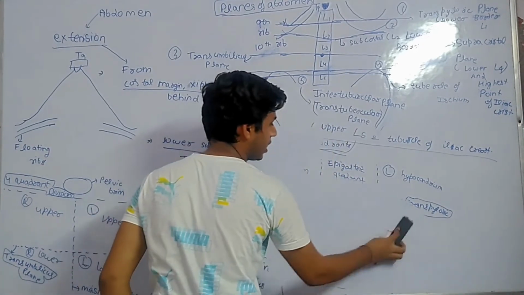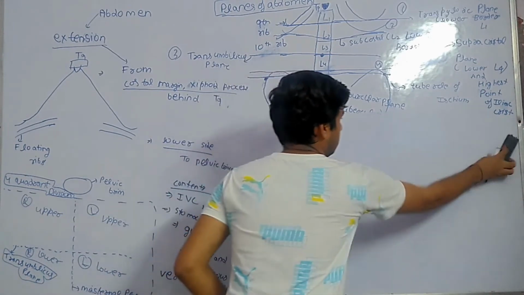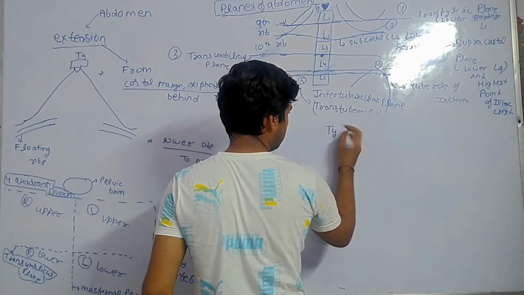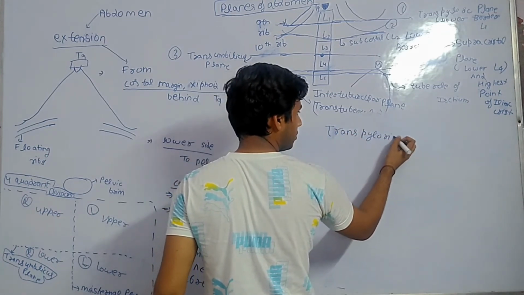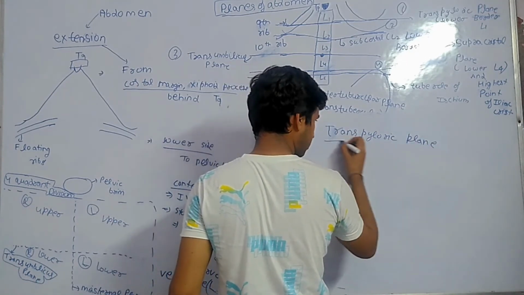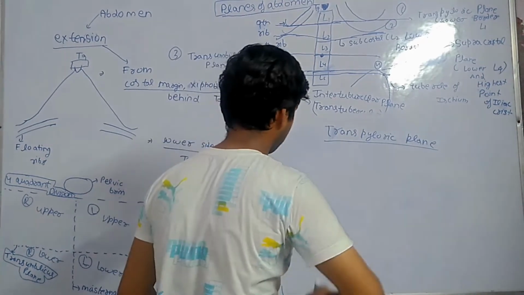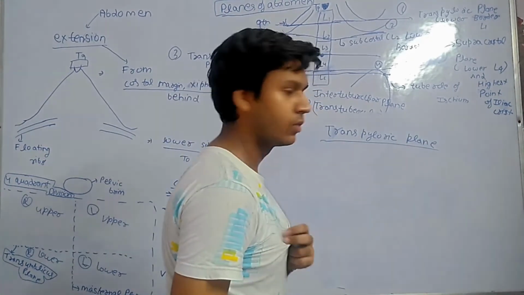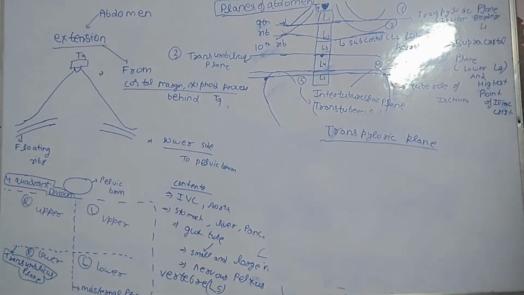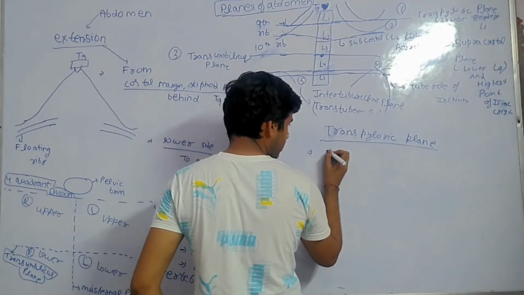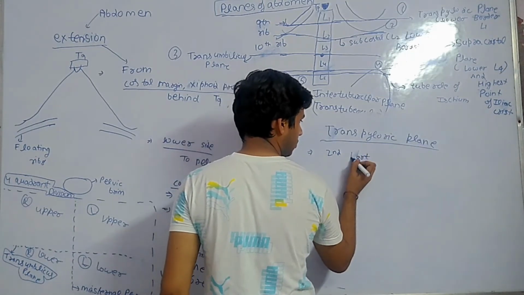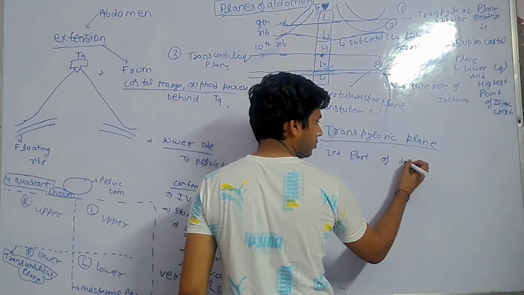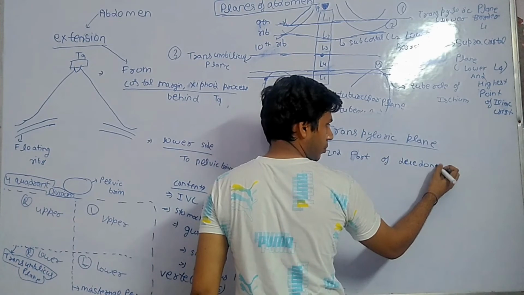Some important landmarks of the transpyloric plane are: it is the plane where the second part of the duodenum is present.